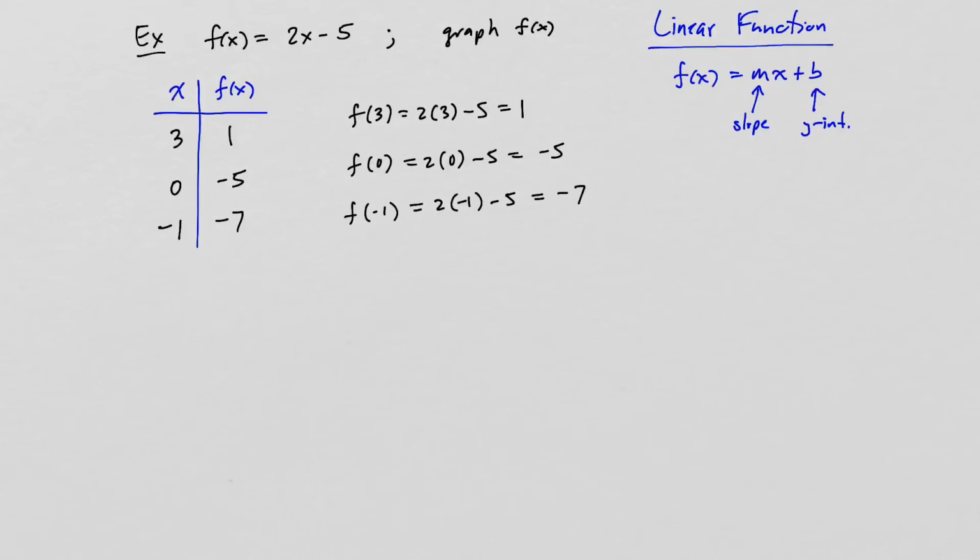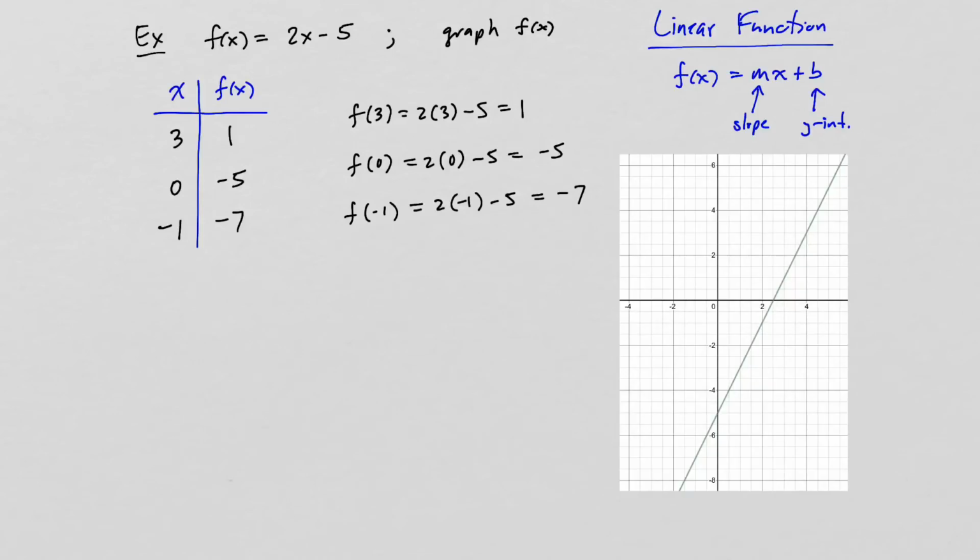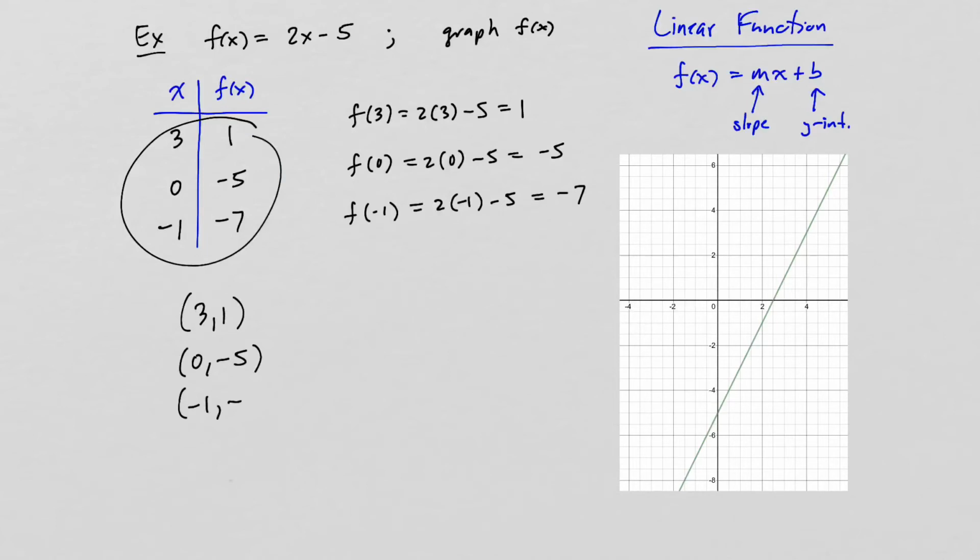So let's go ahead and import the graph in here now. So here's the graph, and let's just double check that it all makes sense. So we found 3 points, and those 3 points are in this table, and they are (3, 1), (0, -5), and (-1, -7).